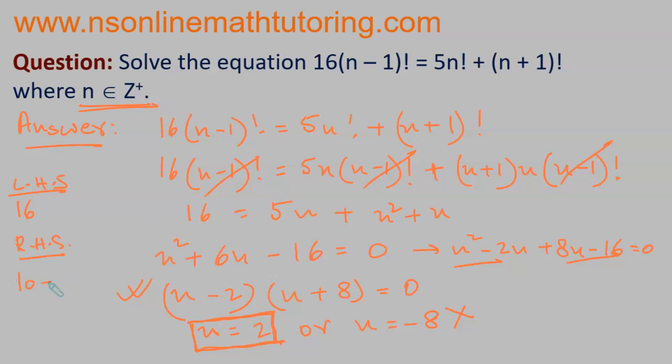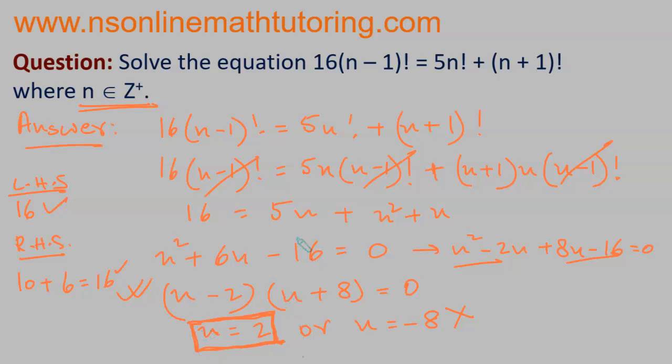And plus 2 plus 1 is 3, 3 factorial is 3 times 2 times 1, that is 6. So 10 plus 6 is equal to 16. So left hand side is equal to 16, right hand side is also equal to 16. Therefore, n equal to 2 is indeed the solution for this equation or this question.